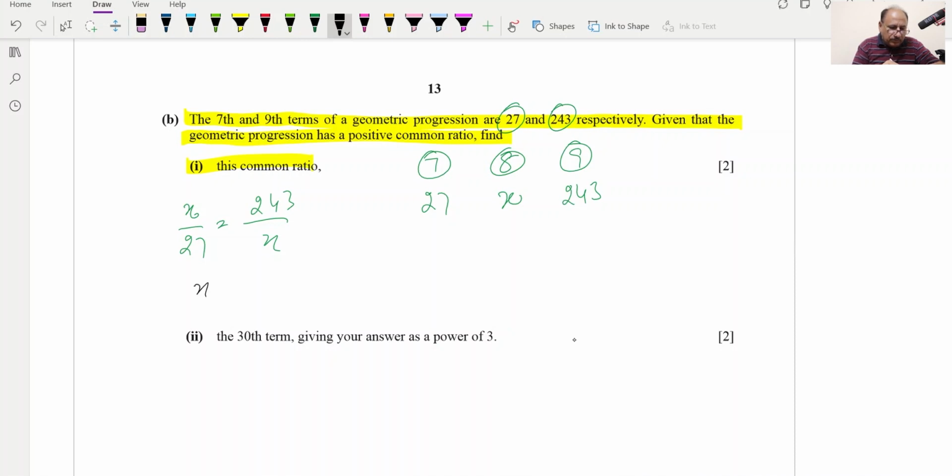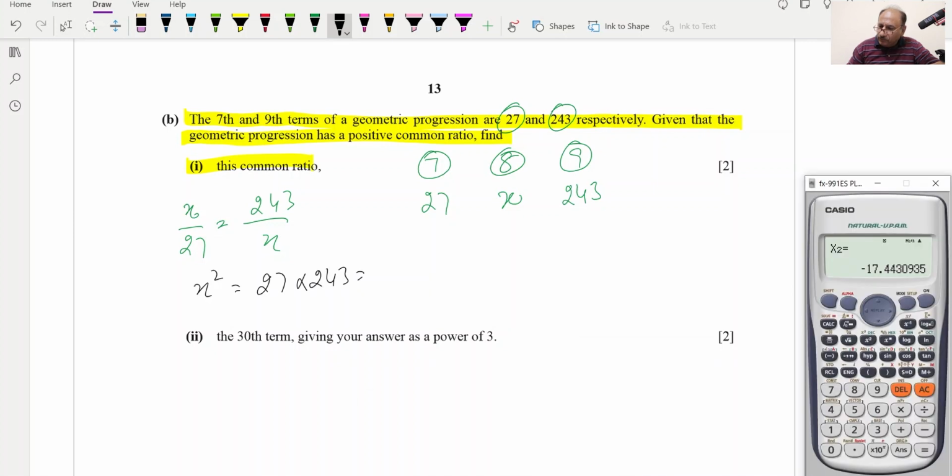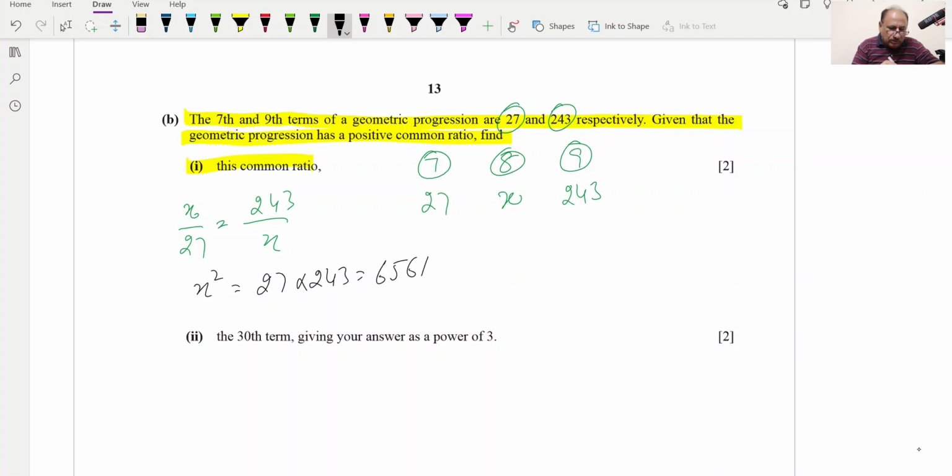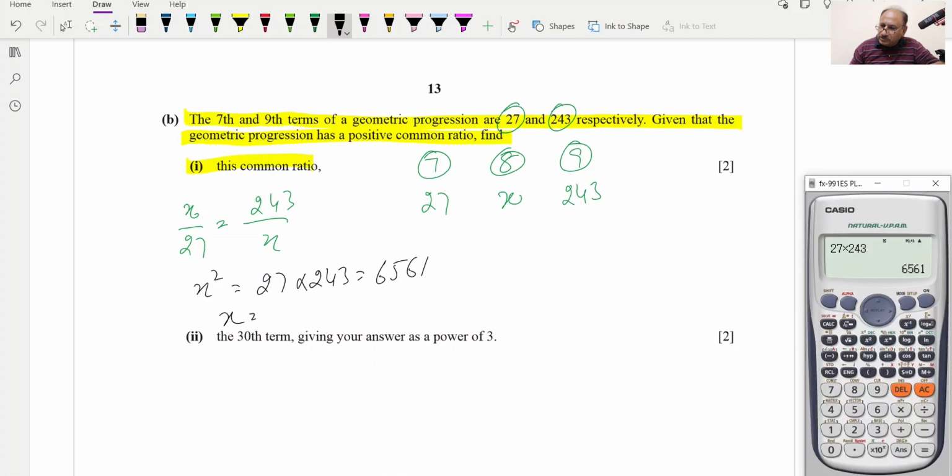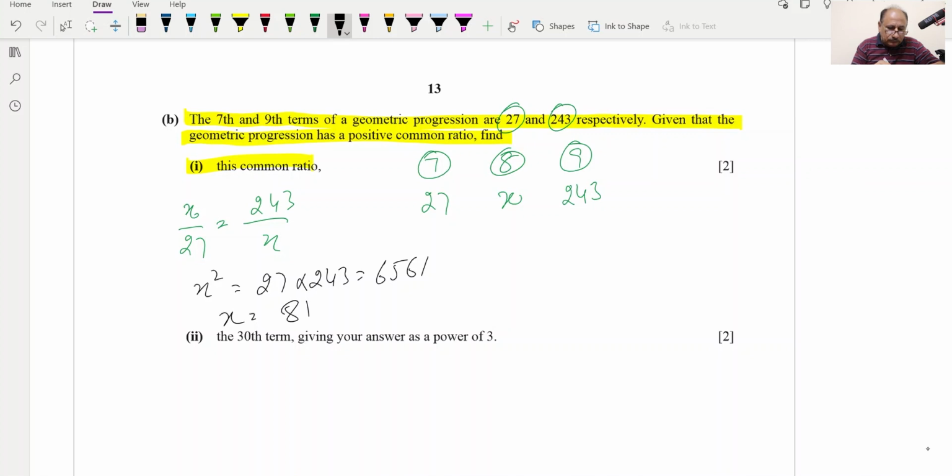We can cross multiply, so x square will be equal to 27 into 243, which we can multiply. 27 multiplied by 243 is equal to 6561, and x will be the positive root, equal to 81.